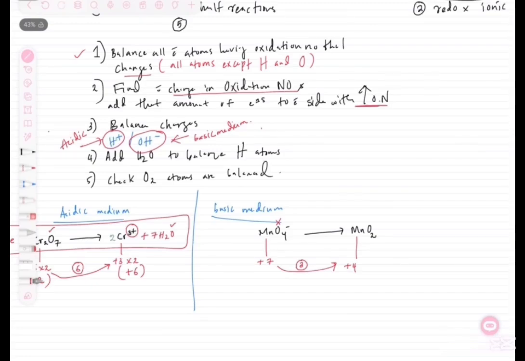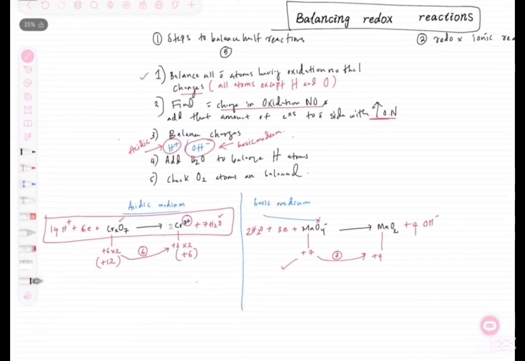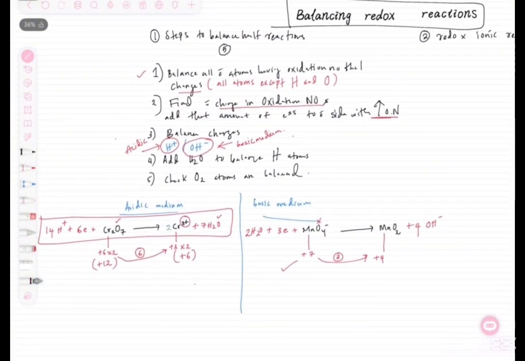After that, we have to add that many electrons to the side with the higher oxidation number. So I'm going to add 3 electrons. Since it is basic medium, to balance the charges, I'm going to add OH-. To balance hydrogen, I'm going to add water. So if I balance this, it's going to be 4OH- and 2H2O. So that's all under half reaction balancing. This is how we balance the half reactions.